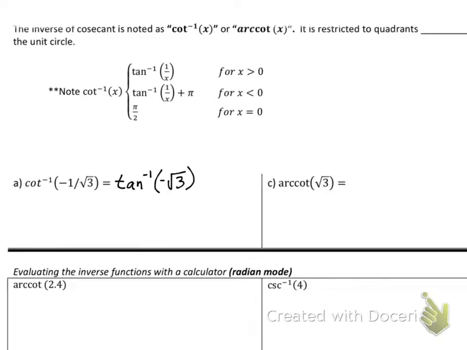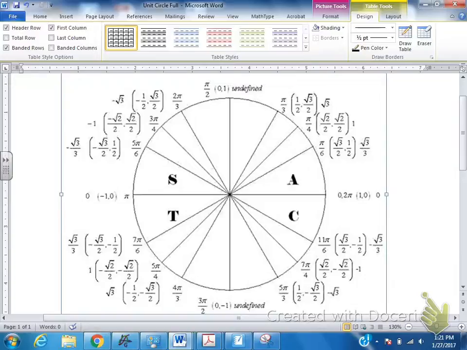So that's where it came up with the rule that if your value is negative, so this one here, we have to add a pi onto it. So it is actually going to be tangent inverse plus pi. So this has two possible answers that I would accept. The first one is you took tangent inverse of square root of 3, and we said that is 5 pi over 3.